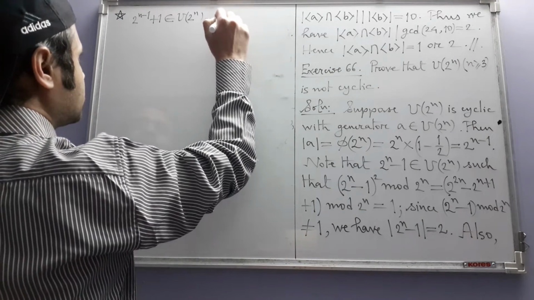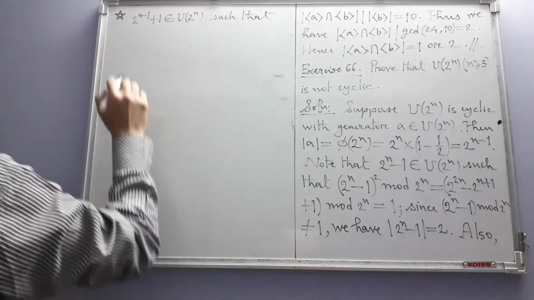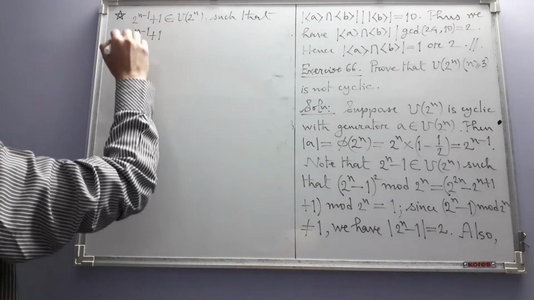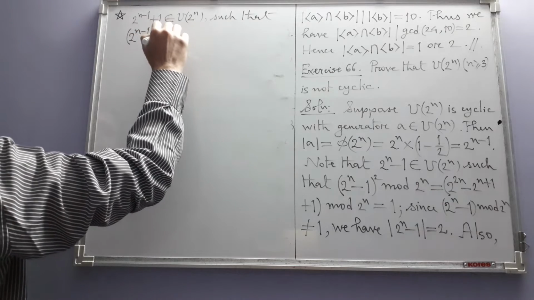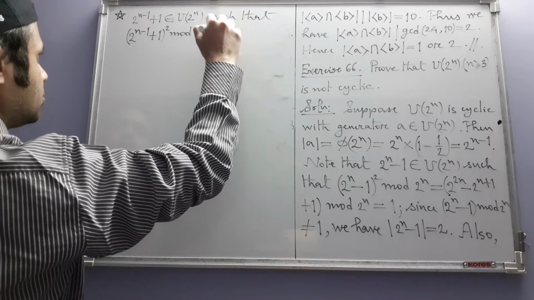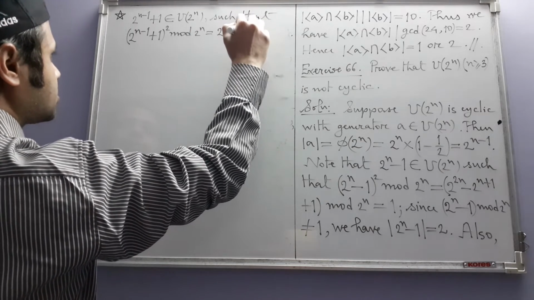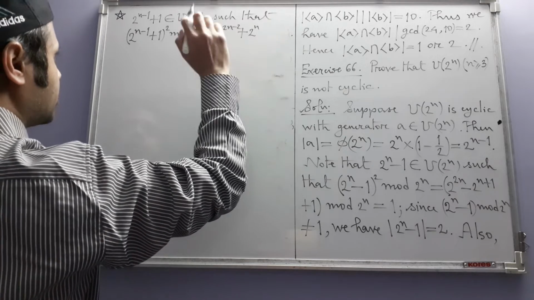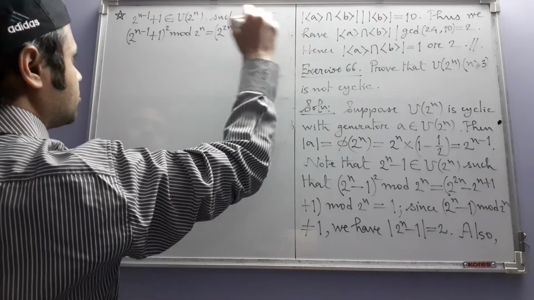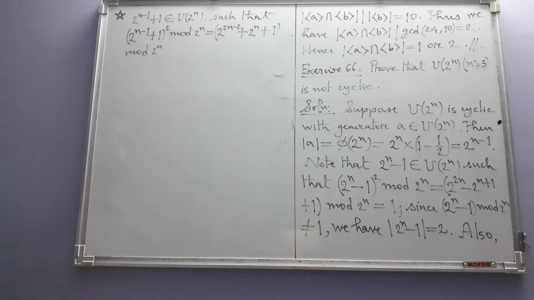such that we are now going to calculate its square also, modulo 2 to the power n. Use binomial expansion first, plus 2 to the power n minus 1 plus 1, so this plus 1, mod 2 to the power n.